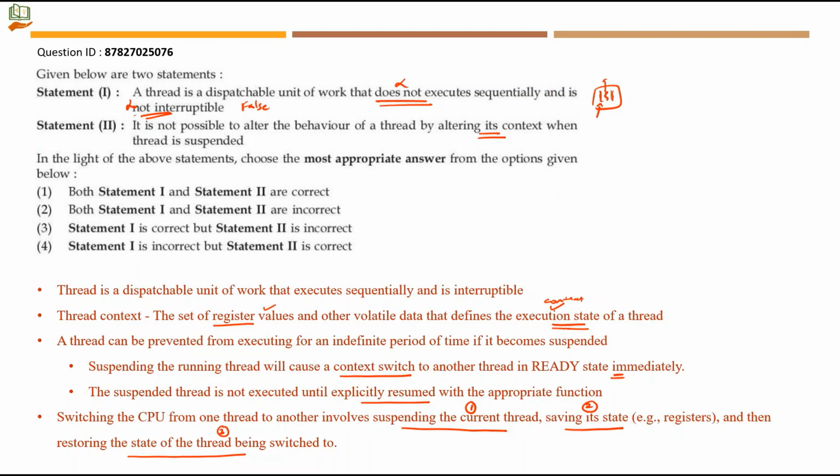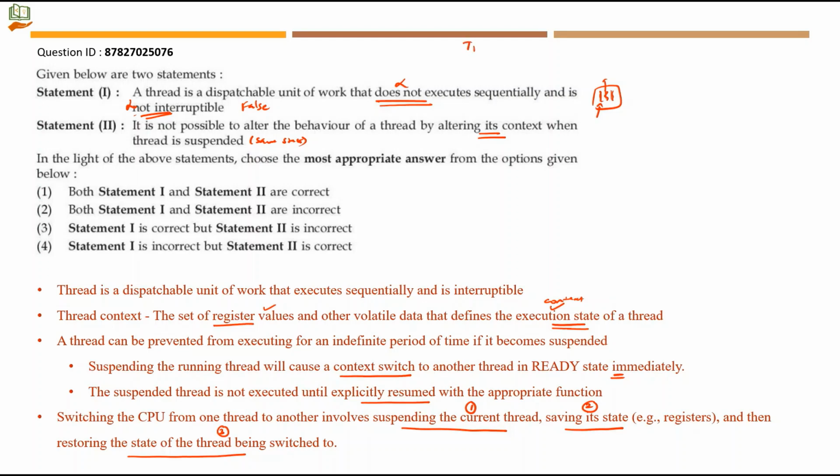When there is an option to save the state, definitely there will be an option to restore the state later. They say the suspended thread can be explicitly resumed. At that time, it can restore the state. You can restore the state of a thread only when you save that particular state. So there is an option to alter the context when the thread is suspended. So we can save the state, which means it can alter the behavior of the thread.